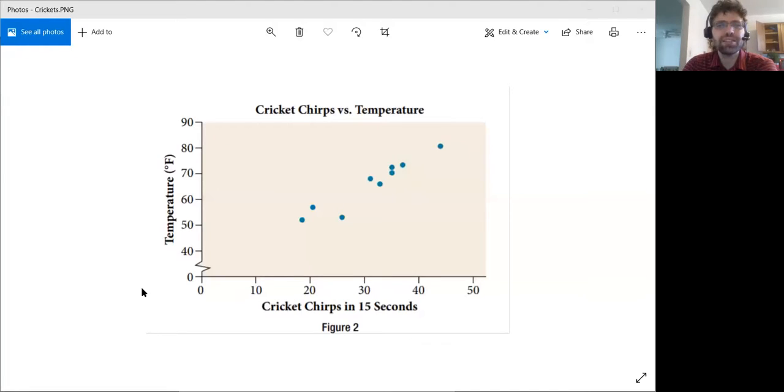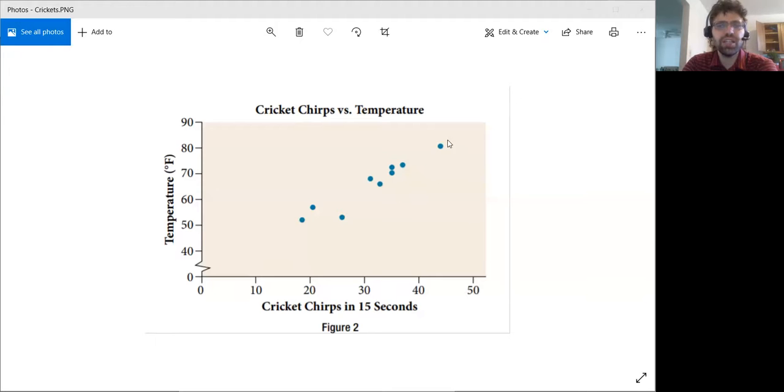So maybe you jot down some data. You count cricket chirps and record the temperature a few nights in a row. And you get data that looks like this.